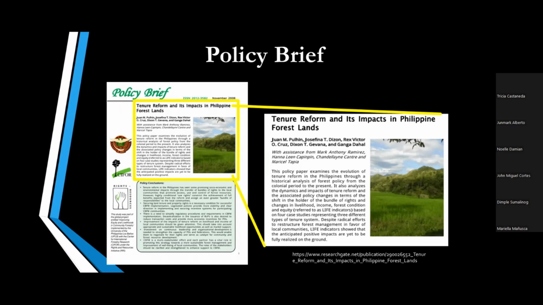At pwede kang gumawa ng policy brief kung saan you will share the most important details and aspects of your research to the LGU or to the implementer or to the policy makers. And then yung policy makers, sila naman ang bahala na mag-put into action nung i-share mo sa kanila through the policy brief. Okay? Kaya siya tinawag na policy brief.